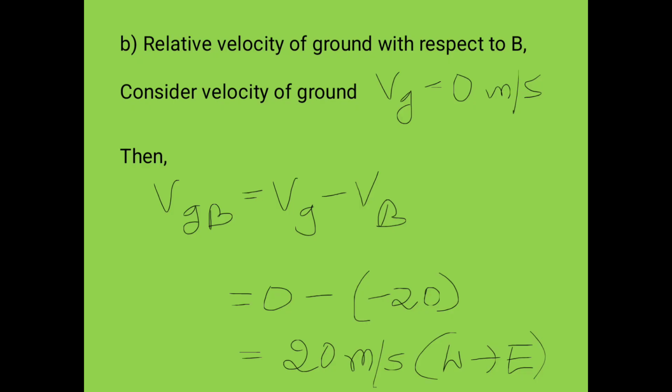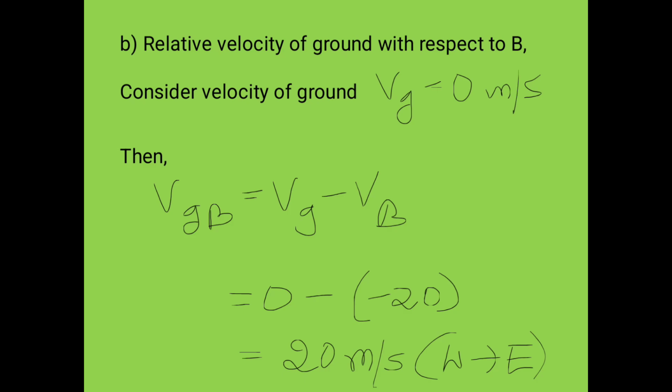So we consider it as VGB. VGB will be VG minus VB, that is 0 minus 20. By calculating, we get 20 meter per second, that is from west to east again, as we have taken the direction as positive.